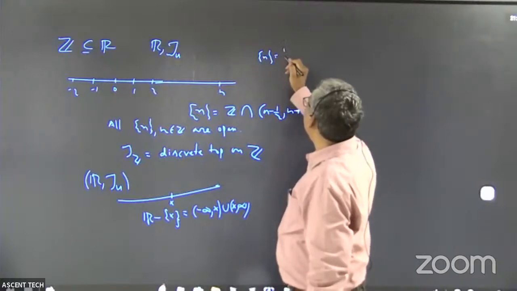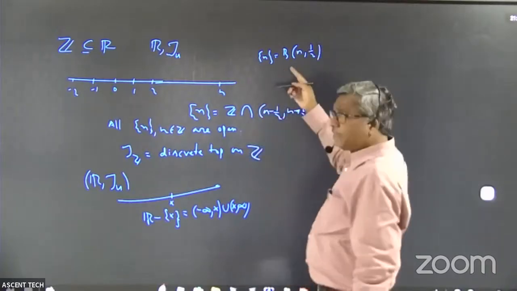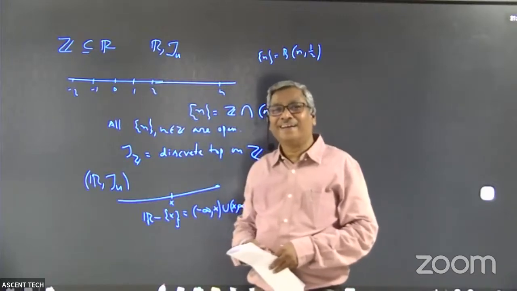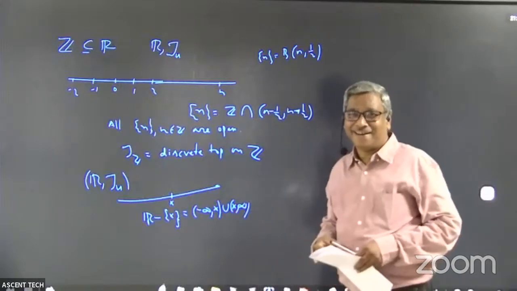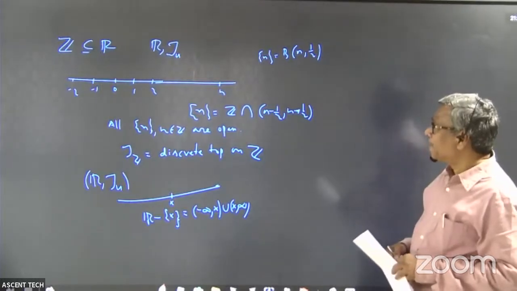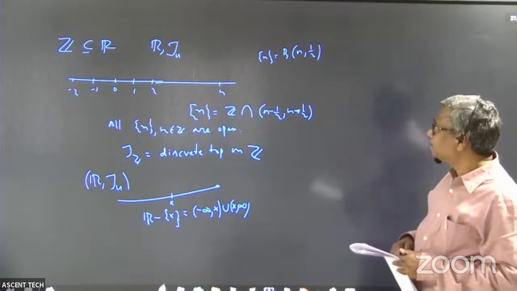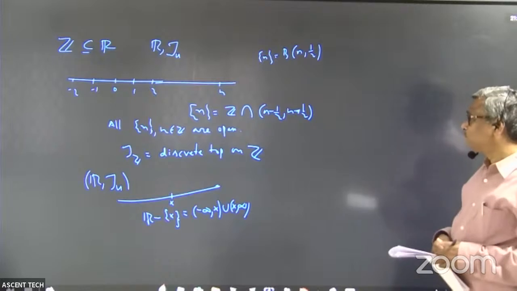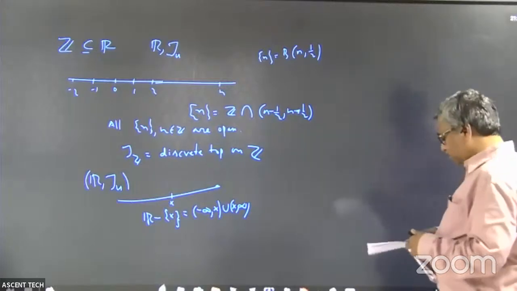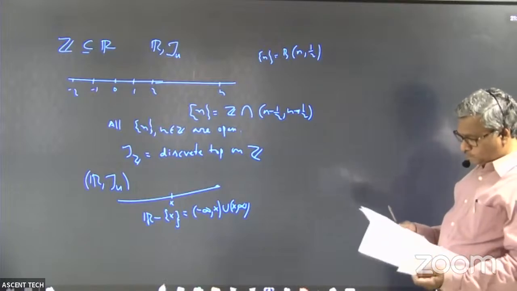It is the ball with center n and radius half. The metric is the usual metric. So Z inherits the metric of R. That essentially it's the same metric that we are bringing into T_Z.